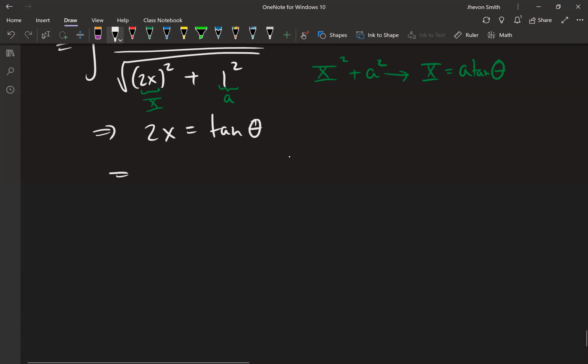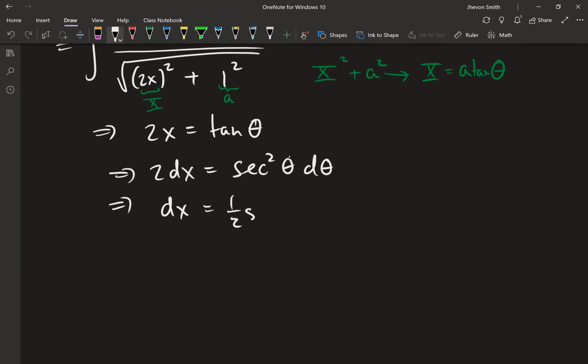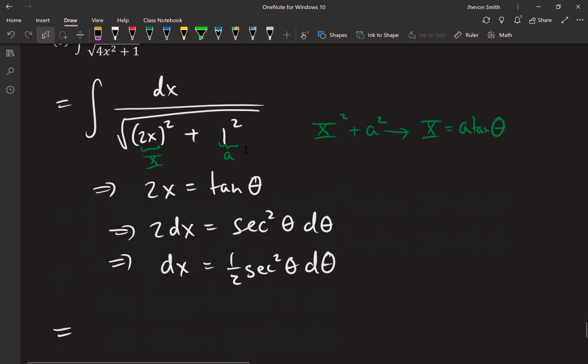Now, once we do the substitution, we just differentiate both sides to get the differentials in play. And so you realize that your dx is now 1/2 secant squared theta d theta. Then you would simply plug this all into the integral.